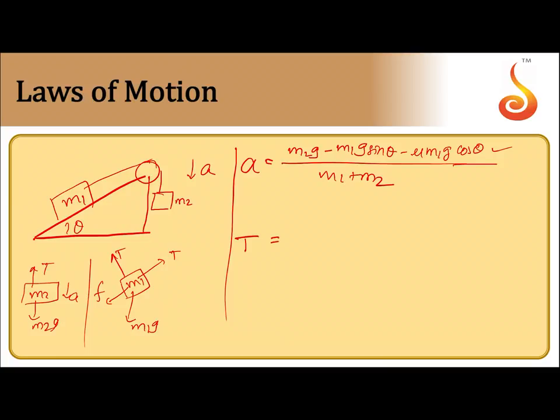The tension in the string is m1 m2g divided by m1 plus m2 into 1 plus sin theta plus mu cos theta. That is right. So, for an inclined plane of this kind, the result is here.